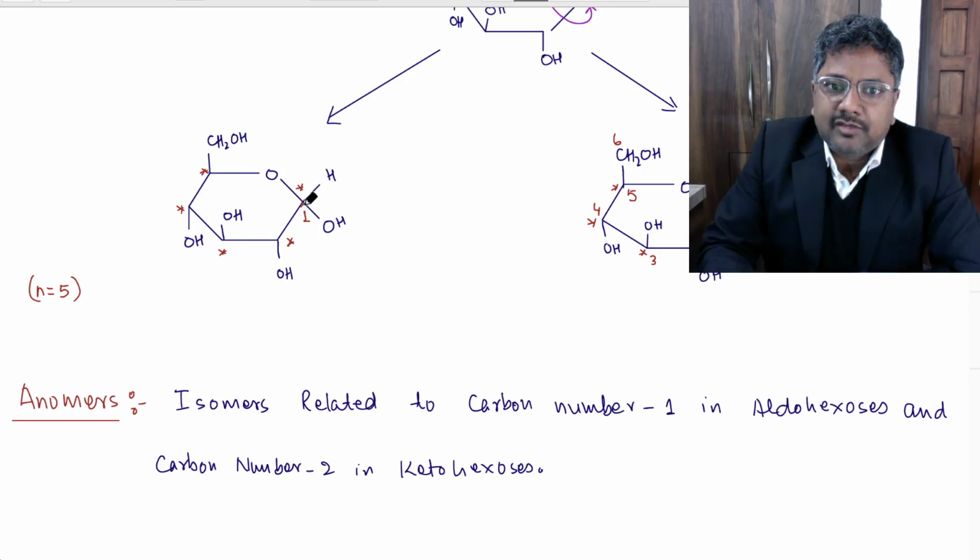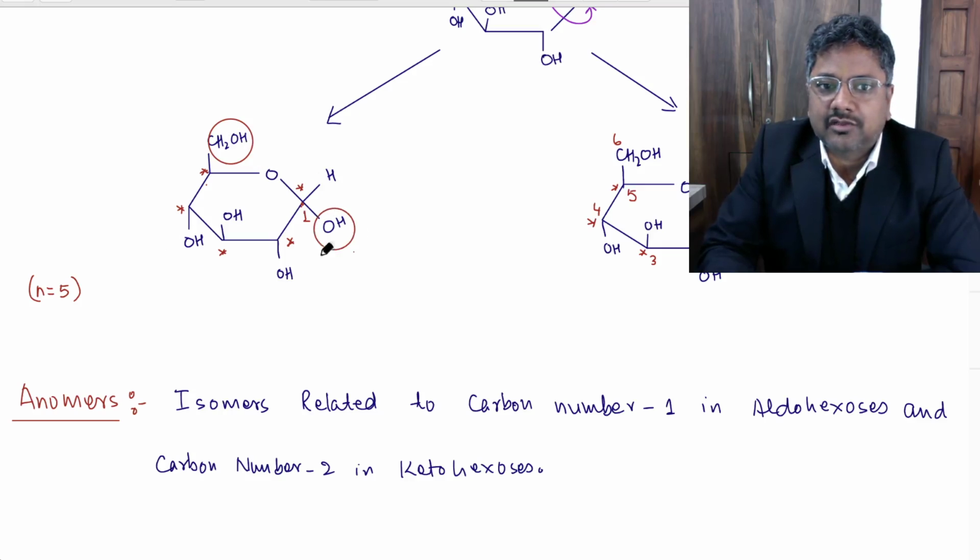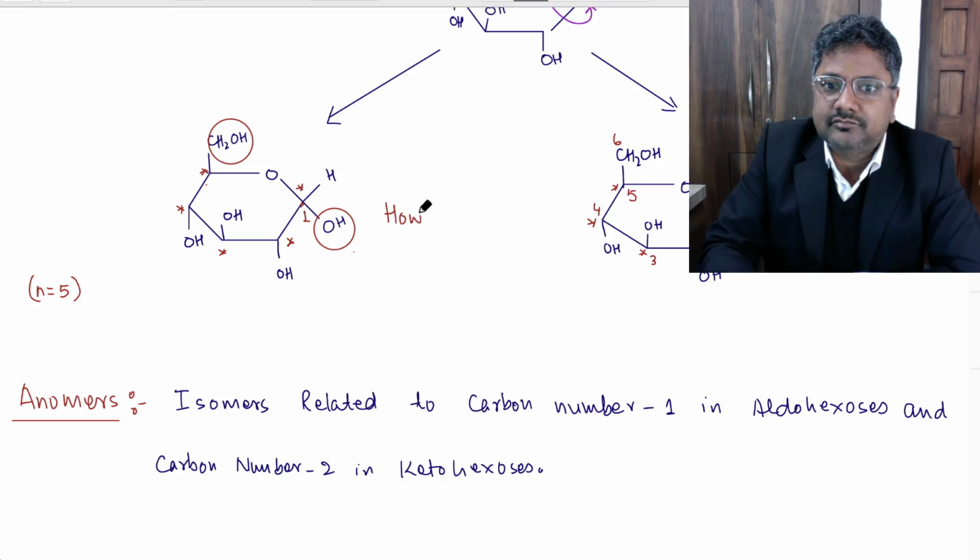See, for carbon number 1 and carbon number 5, you have to see these groups: CH2OH and OH. If they are opposite in the Haworth formula, this formula is known as the Haworth formula.